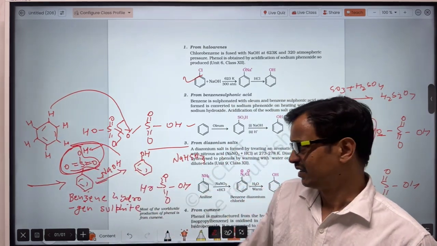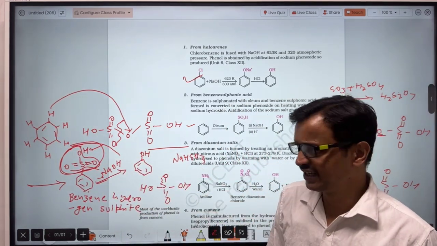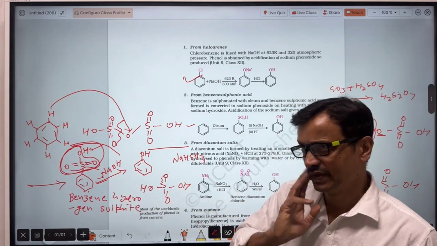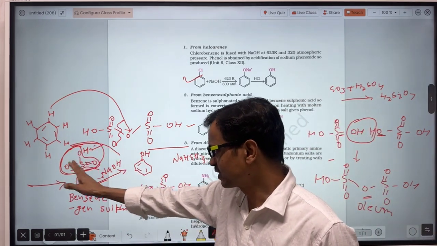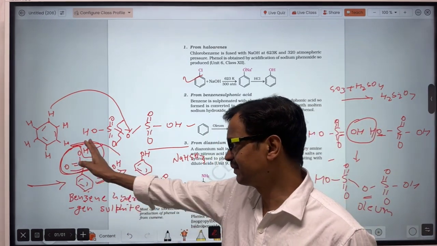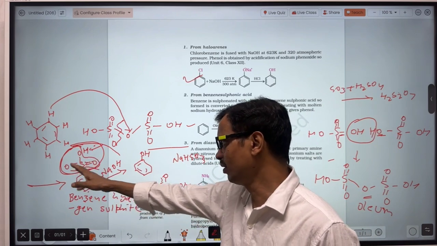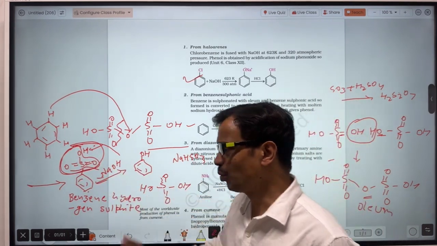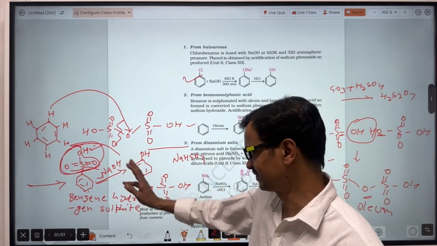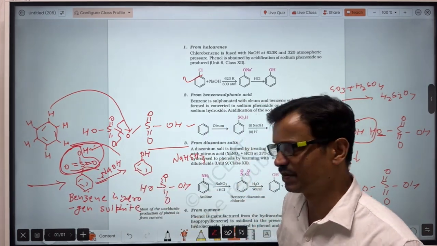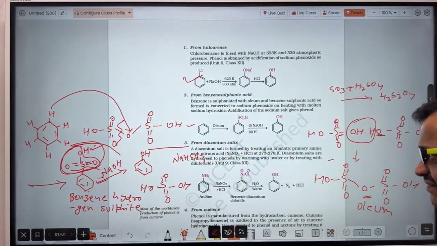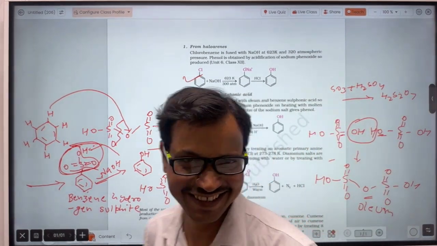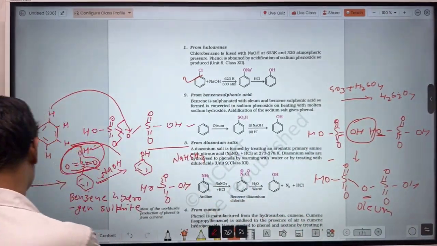Then after that it is treated with NaOH. Sodium will combine with hydrogen sulfite and form NaHSO3, that is sodium hydrogen sulfite, and the OH part of NaOH will combine with benzene, and there will be formation of phenol. Okay guys, very easy. Now next, let's proceed.